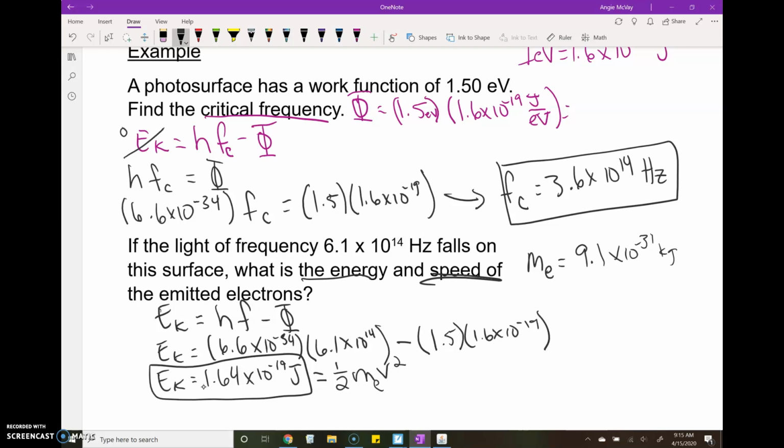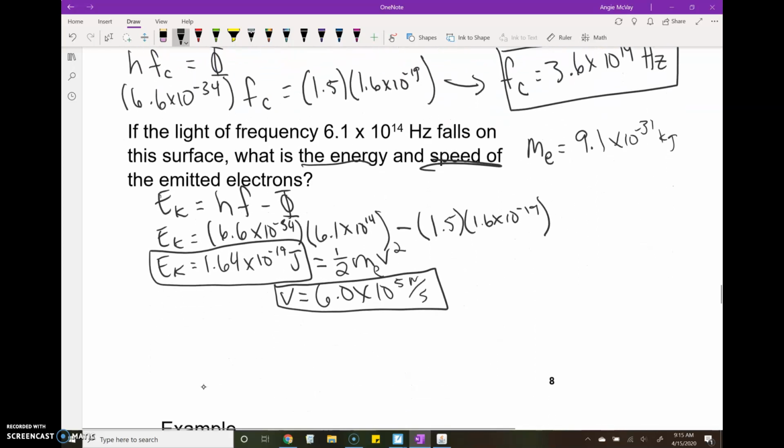Is that right? I didn't write it down in my notes here, but I think that's right. If you use the right mass of the electron, you get a speed equal to 6.0 times 10 to the 5 meters per second. So those little guys are booking it, going super duper fast. A tiny amount of energy means tiny things are going really fast.